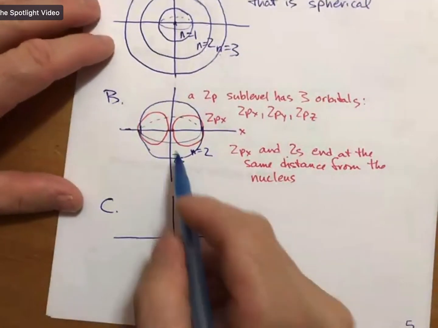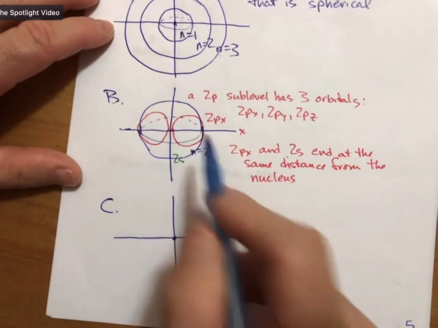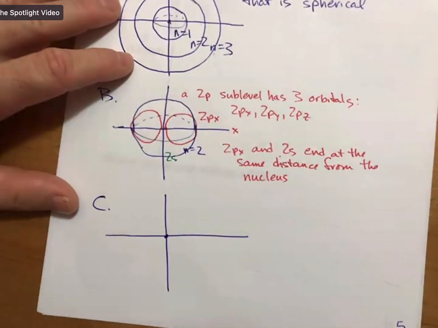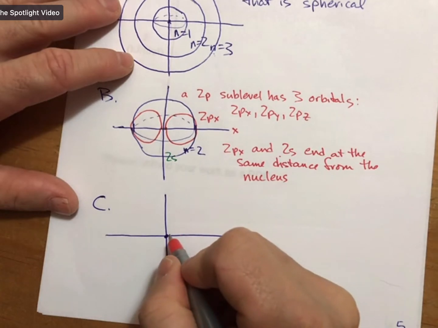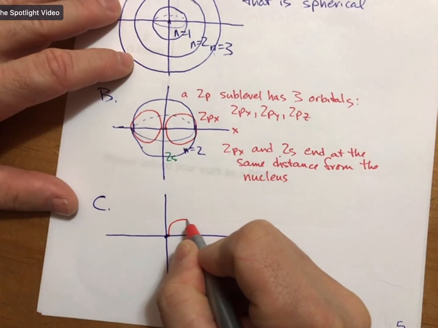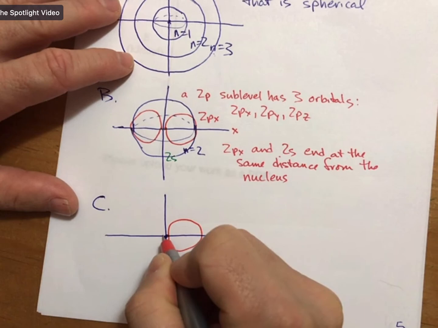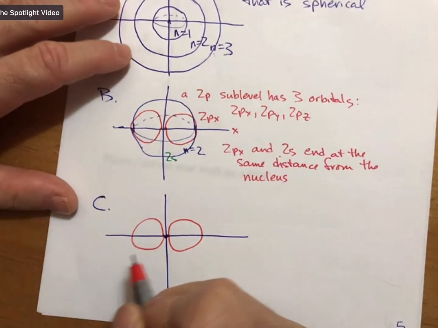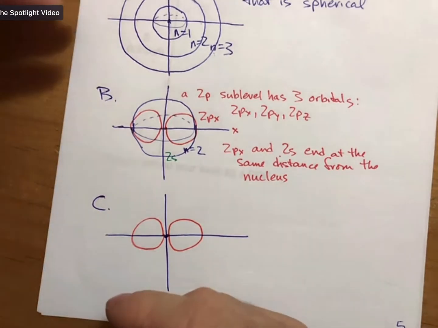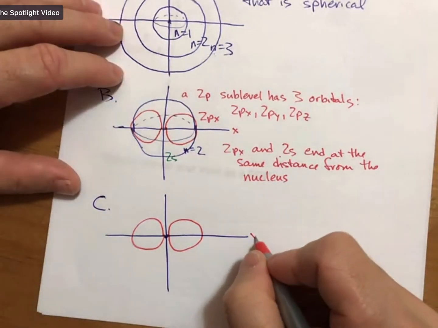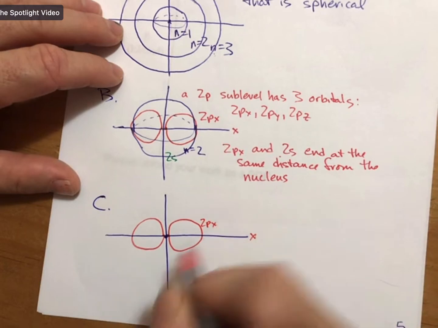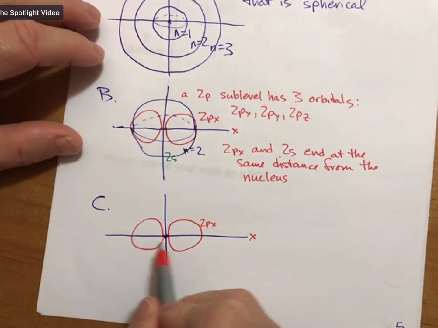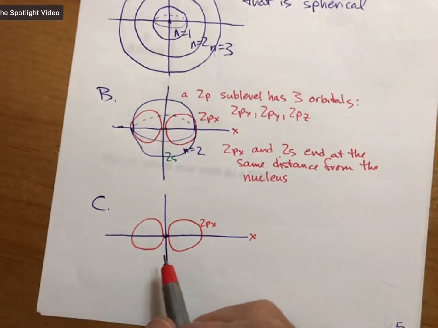I've already drawn my 2px, so I'll just draw that approximately the same, not touching the nucleus. These two parts, what are called lobes, of the 2px are one orbital.